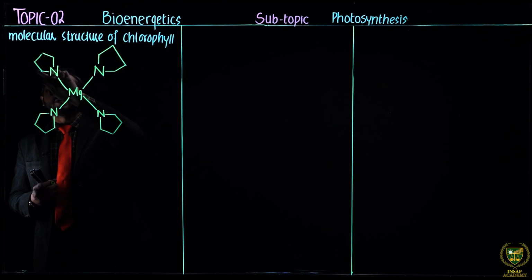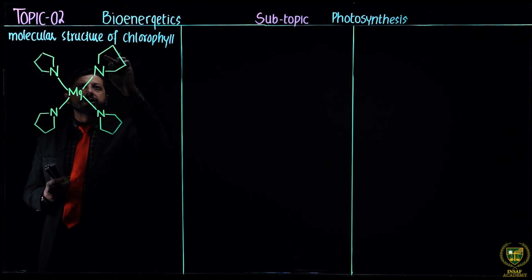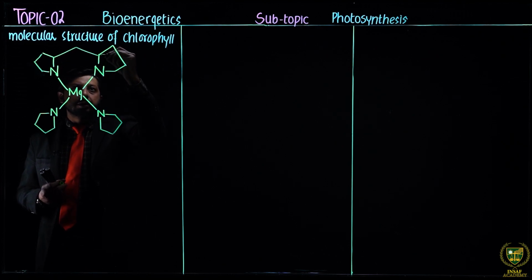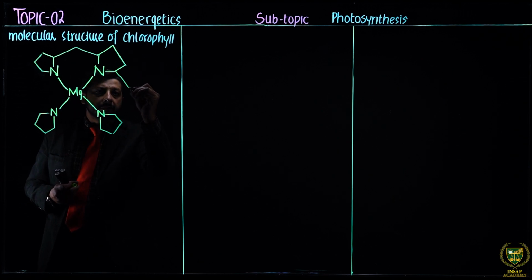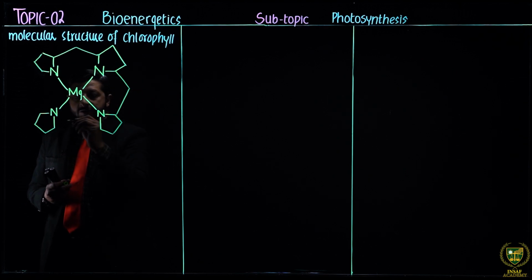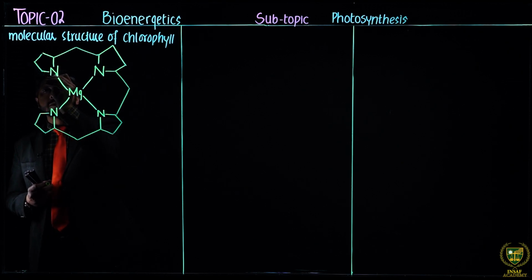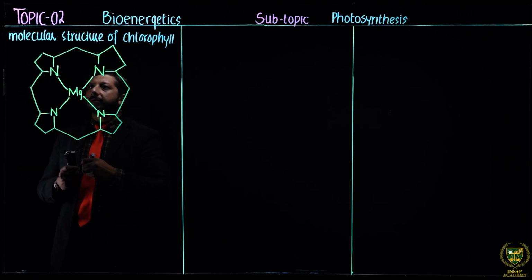Now these 4 pyrrole rings, each with 1 nitrogen and 4 carbons: 1, 2, 3, 4. Now these pyrrole rings have to be joined together at these points, and now they're bonding.